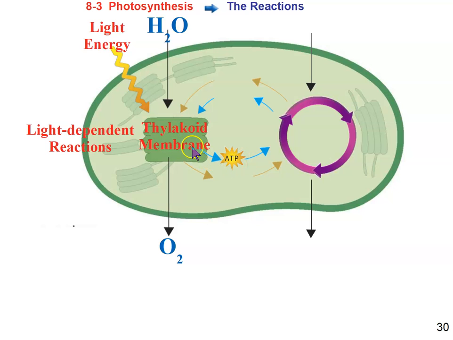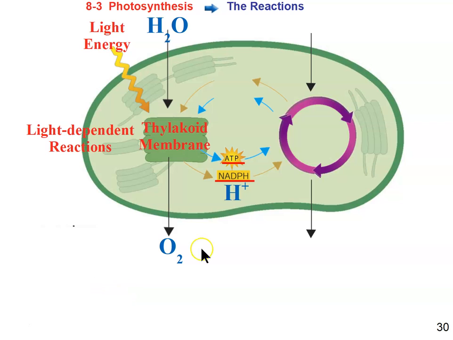Speaking of which, ATP then is a product along with NADPH, which is carrying high-energy electrons as well as hydrogen. But there are also hydrogen ions that were made available from the splitting of water. So what comes out?